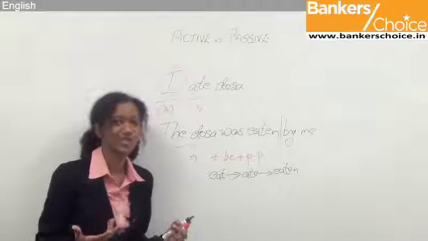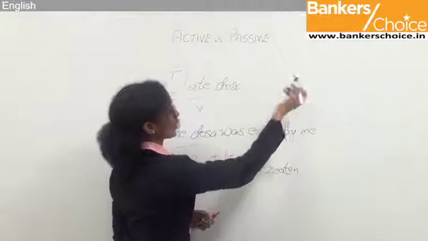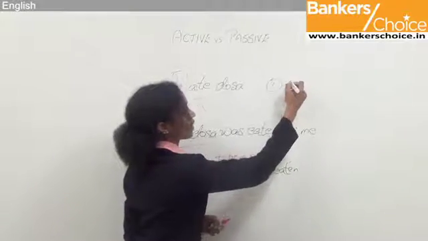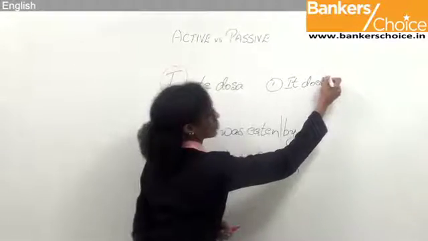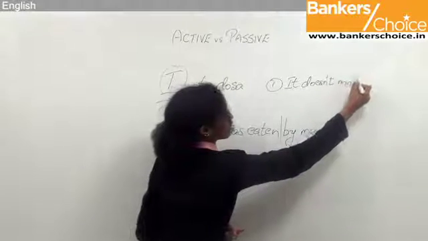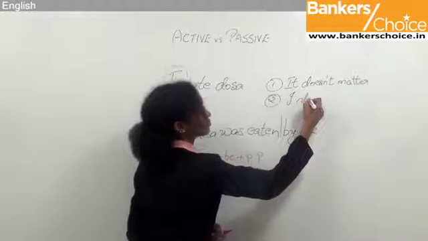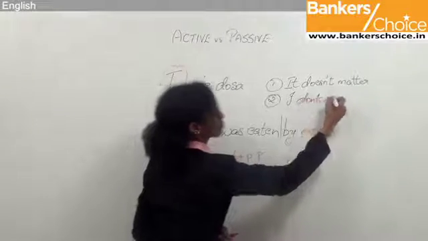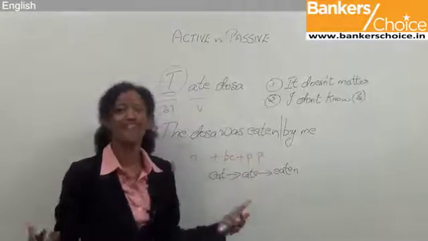I don't have enough information on who did the action. So two instances where I use the passive. One is it doesn't matter. And two is I don't know who the subject is or who did the action.